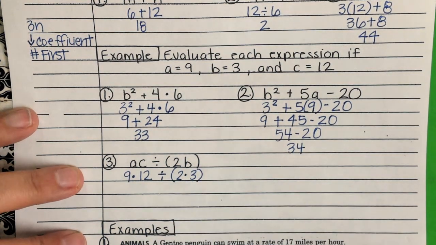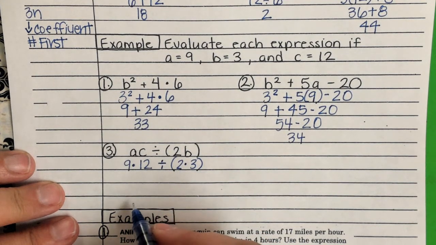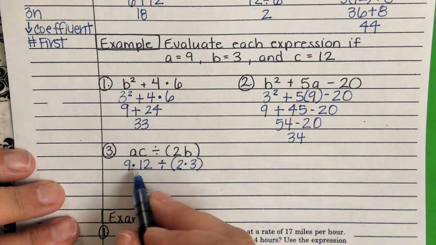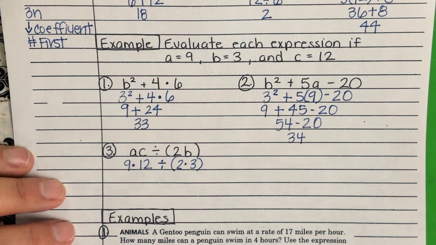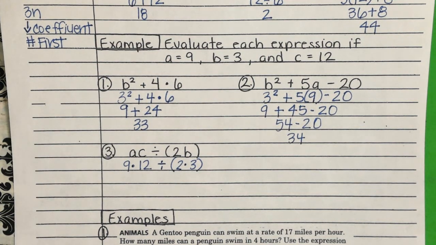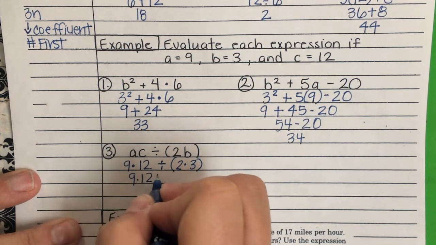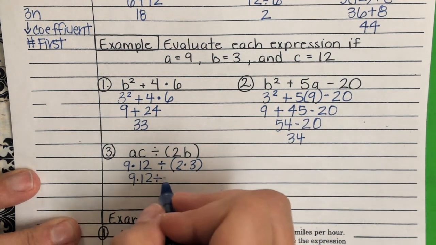Okay. So, I've got multiplication, division, multiplication. Now, what do I do first? Actually, let's take a step back. What am I going to do very first? 2 times 3, because it's in parentheses. Very good. So 9 times 12 divided by, what is 2 times 3?